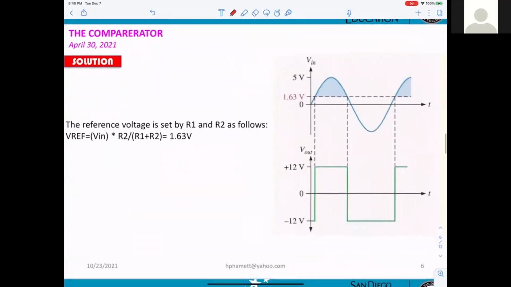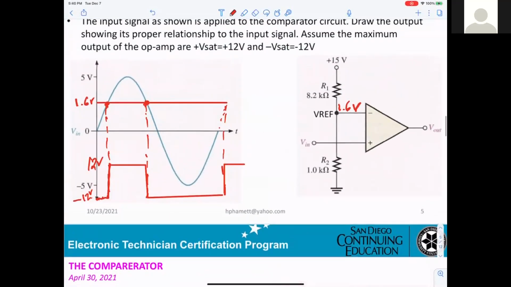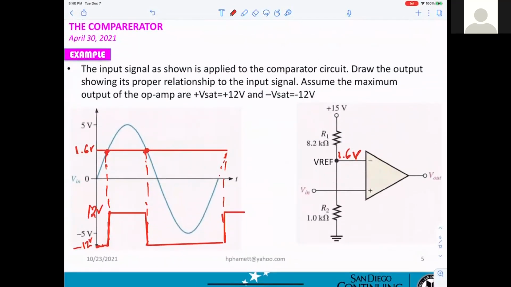What else? I have a question, teacher. Yeah, just a minute. This is the answer for that. Okay, now the question. Yeah, the question is, if the saturation voltage has to be symmetric, 12 and minus 12, or can I use 0 for one of these?